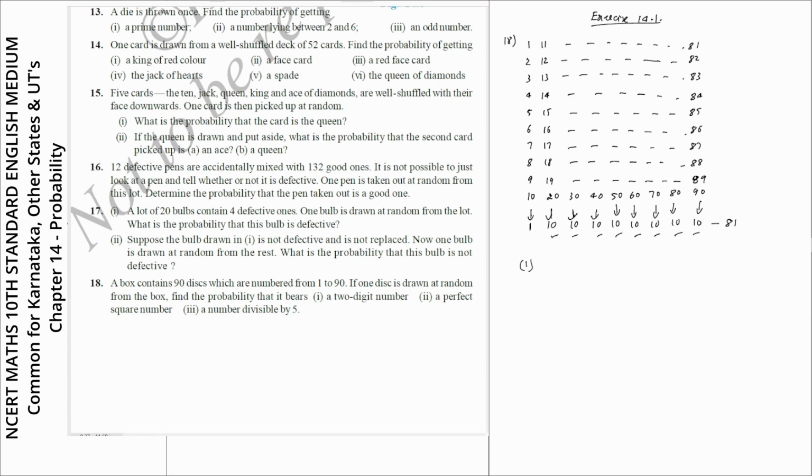Now coming to the first sub question. What is the probability that a 2-digit number is drawn? So the probability that a 2-digit number disc is drawn will be simply equal to the number of 2-digit numbers divided by the total number of discs.